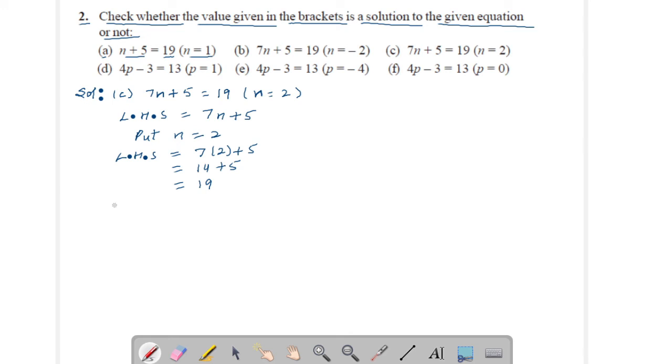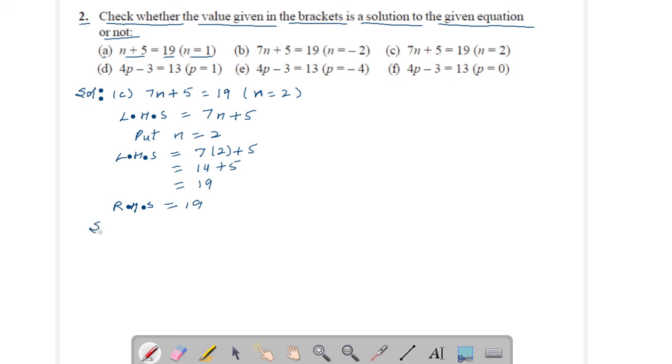And what is right hand side? It is also 19. What we observe? That left hand side and right hand side are equal.